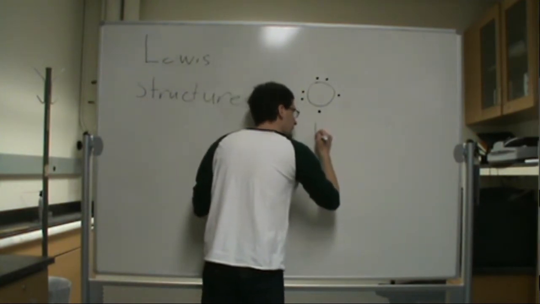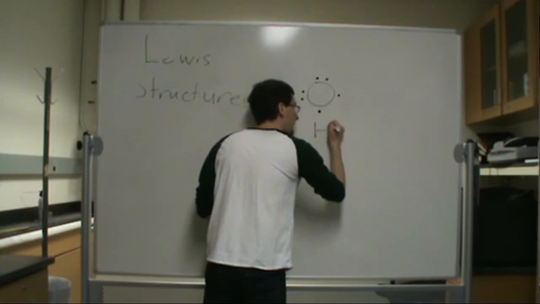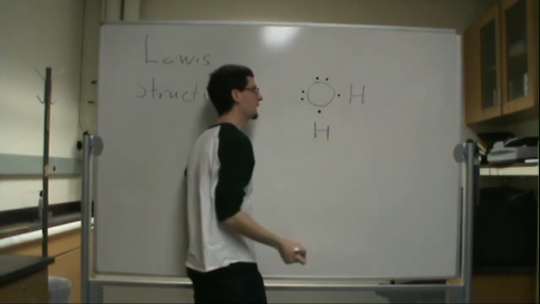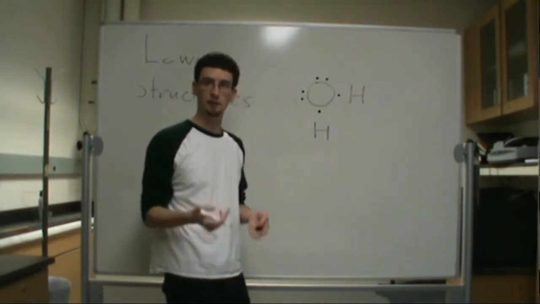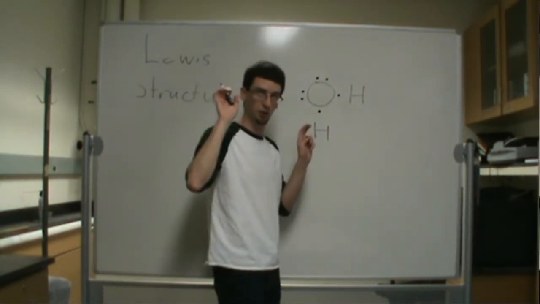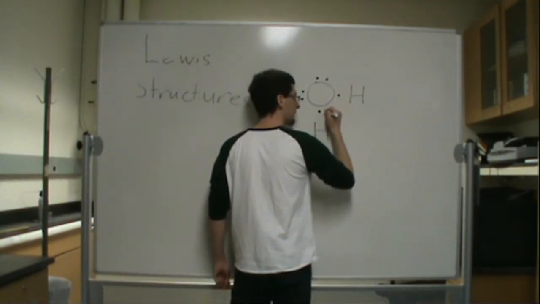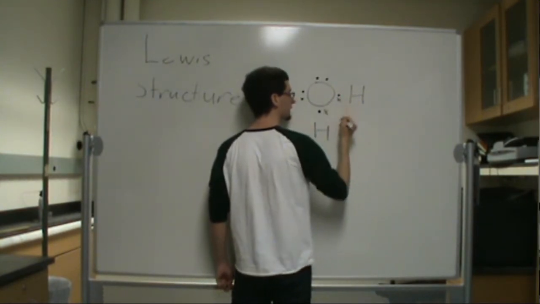I'm going to draw a hydrogen here and a hydrogen here, and like last time, I'm going to represent the electrons that the hydrogen owns as X's. So there will be an X here and an X here.